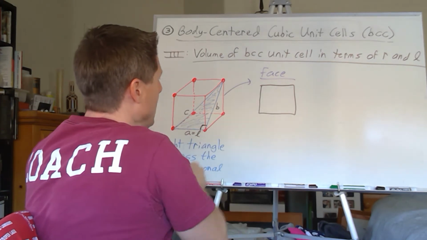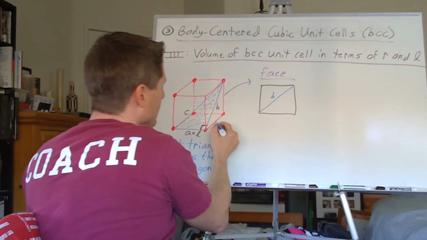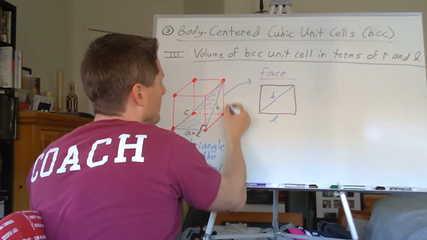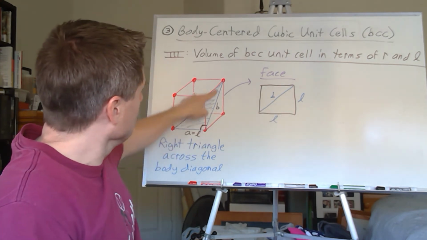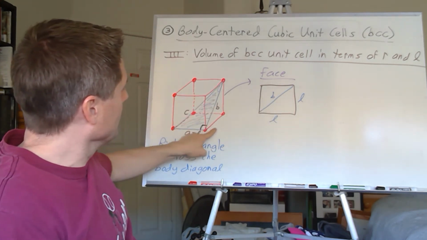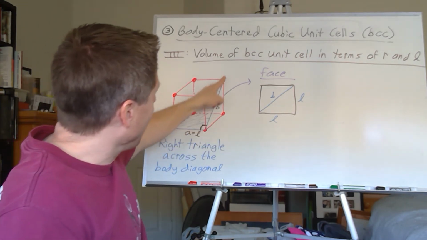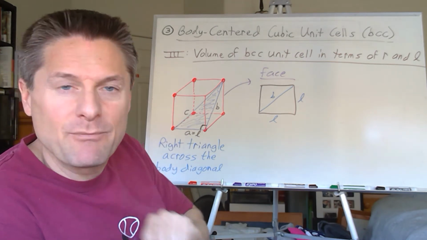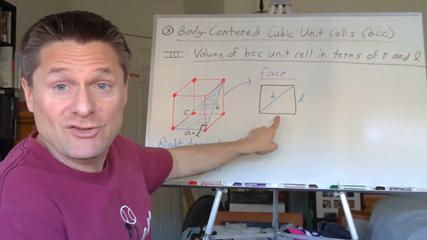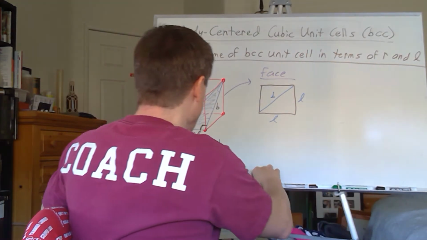And then this B is the face diagonal. And then you've got the edge length here and the edge length there. So you see that triangle right here? That's that triangle. So you've got the edge length here, and the diagonal across the face is the B in that right triangle. So let's keep the notations the same. That's a right triangle, so let's apply the Pythagorean theorem. Let's go ahead and do that.